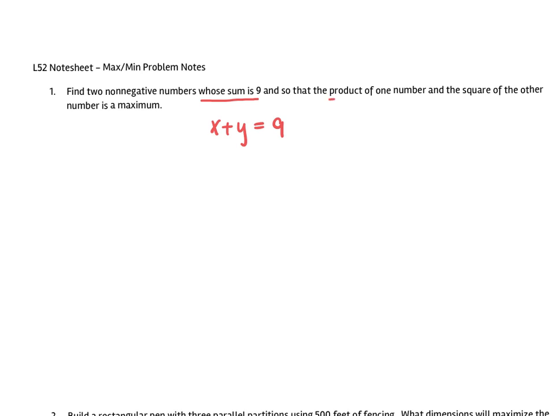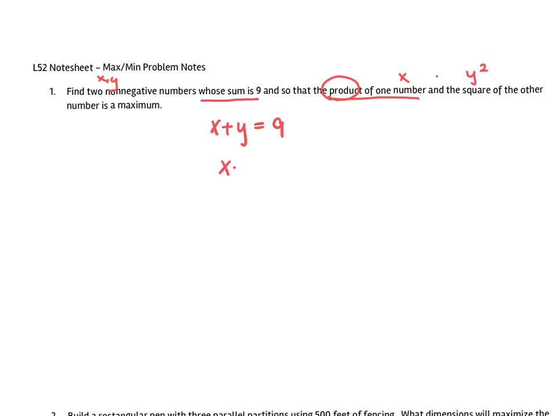And also the product of one number, so it doesn't matter which one, I'm just going to do the first one. The product of x and the square of the other: if I take the other and square it, and multiply these together, because that's what product means, what we want to do is find a maximum.